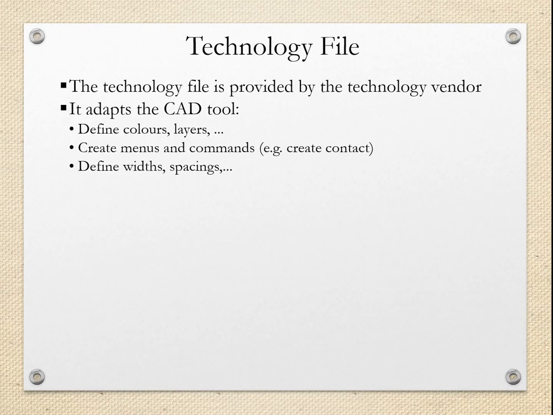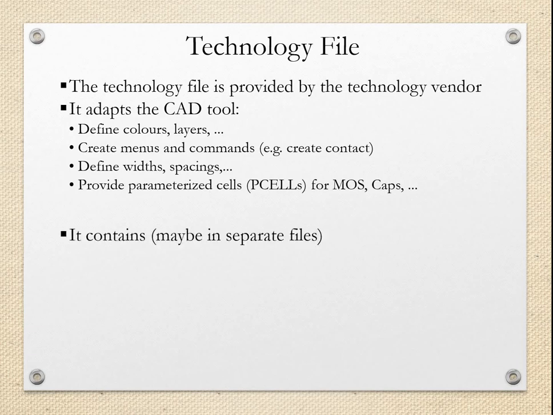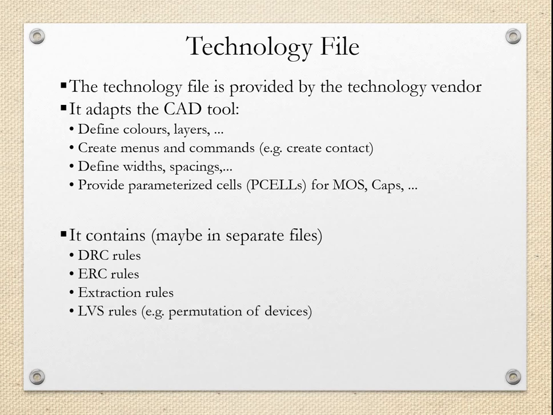Then define the width, spacing. Provide parameterized cell for the MOS. It contains the information of DRC rules, ERC rules, extraction rules, LVS rules. And an example of this technology file is a point-at micrometer technology.